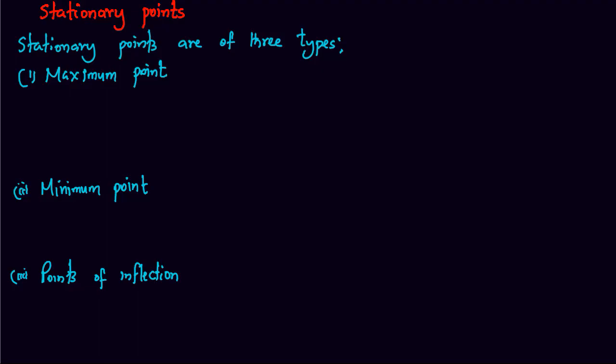Next, let us look at stationary points. Usually, there are three types of stationary points. We have, number one, stationary points known as a maximum point, which normally takes the nature illustrated.